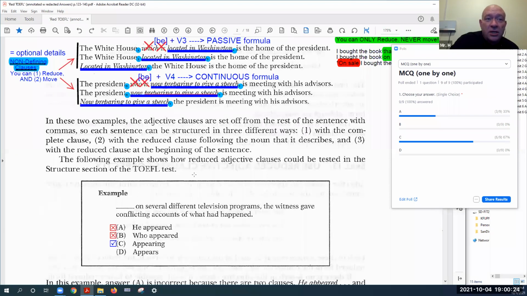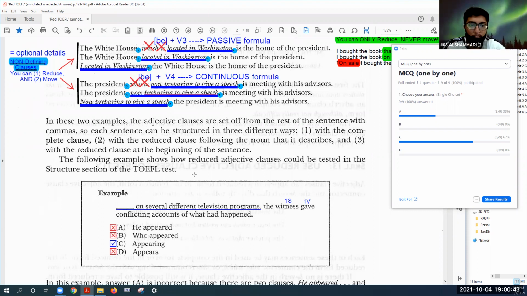It is Charlie. Charlie is the answer. The first subject is witness. The first verb, gave conflicting accounts. Then where's the reduced clause? At the beginning. Yes. And then guess what? There is more. We have another connector, don't we?